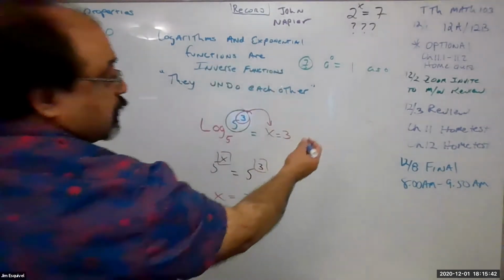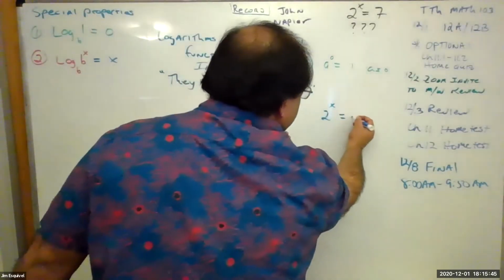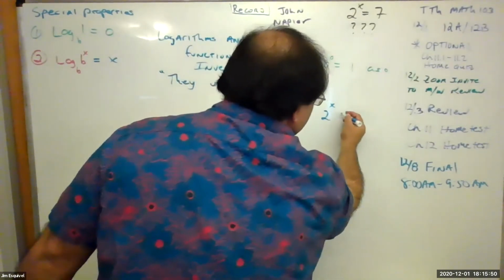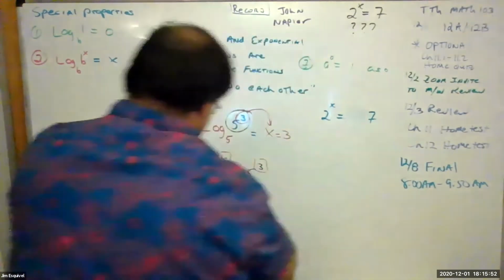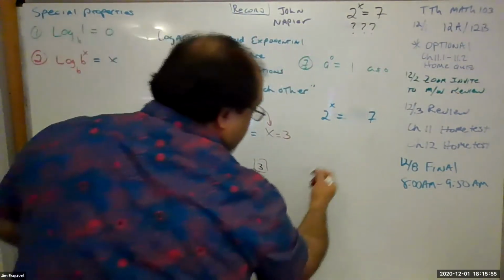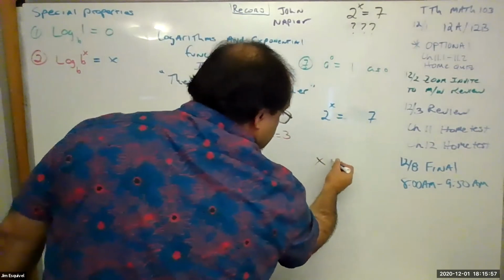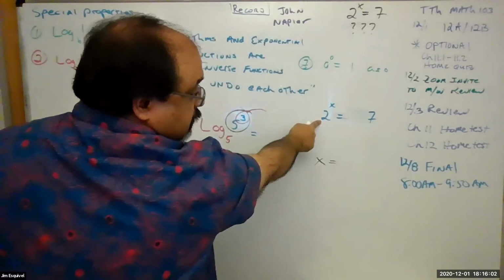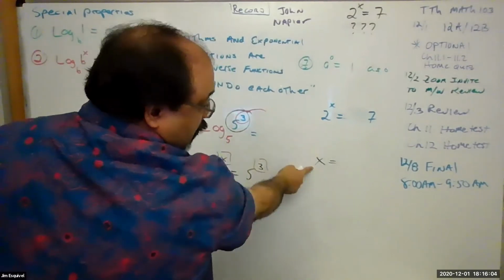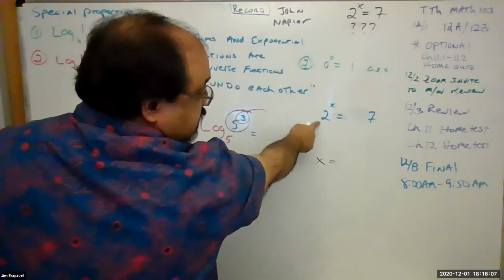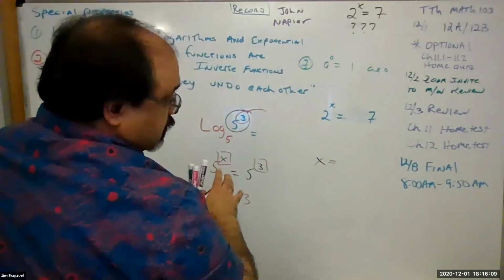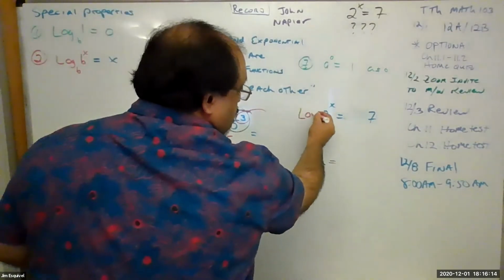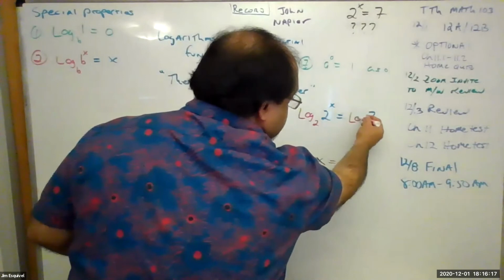So when you have 2 to the x equals 7, and you're trying to solve for x, you're trying to undo a base 2. And we want that x out of there. Since that's a base 2, you would take log base 2 of both sides.